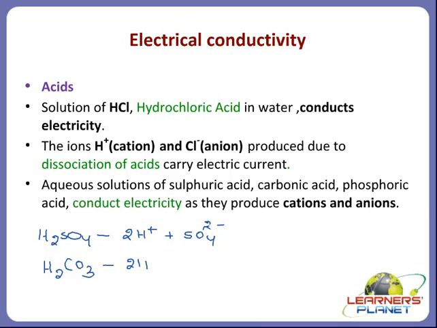It is forming again hydrogen ion and carbonate ion. What type of ion is this phosphoric acid, H3PO4, forming? Hydrogen ion plus phosphate ion, PO4 3 minus. Right, students? So these all are forming ions. Okay, so this is thrice of H plus.